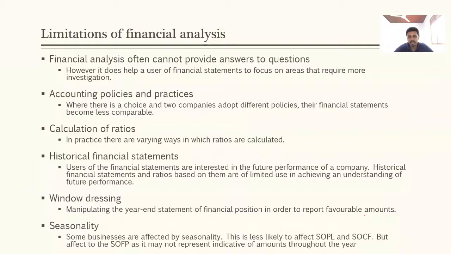And the last point is on seasonality. Some businesses are affected by seasonality. That is true, right? This is less likely to affect SOPL and SOCF, but affects the statement of financial position. සමහර companies තියෙනවා, tourism companies එහෙම ගත්තොත් tourist එන මාස තියෙනවා, right?